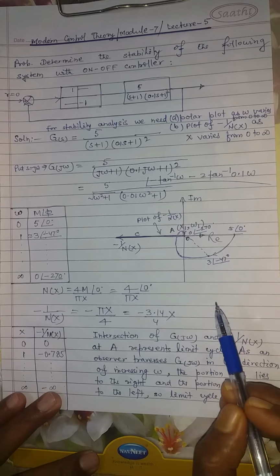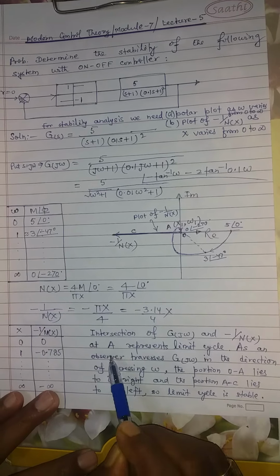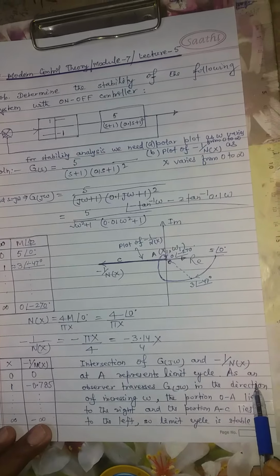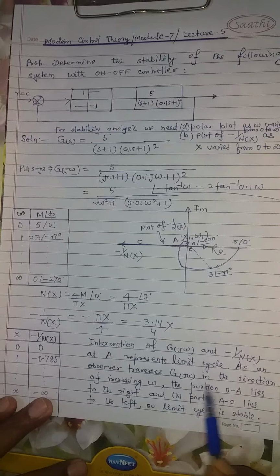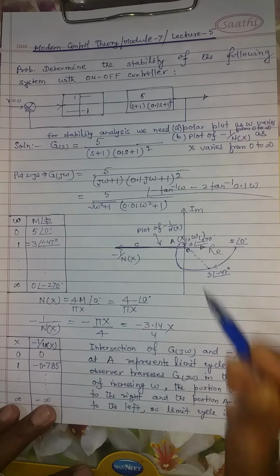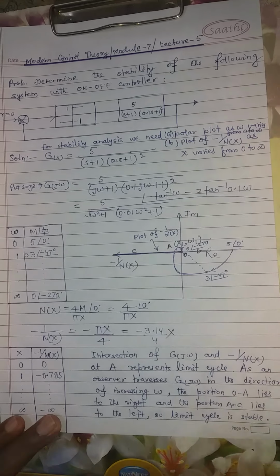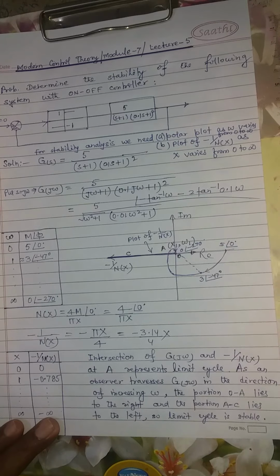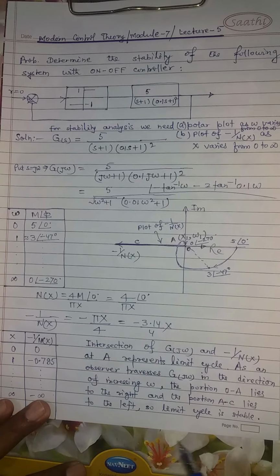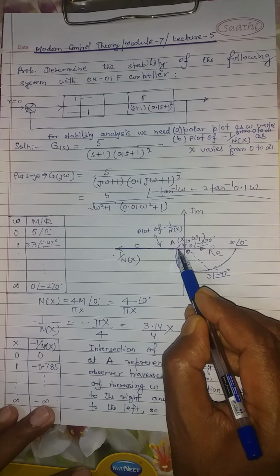Now it is very obvious that the intersection of G(j omega) and minus 1 by N(X) at A represents a limit cycle. As an observer traverses G(j omega) in the direction of increasing omega, the portion OA lies to the right of the G(j omega) curve, that is the polar plot, and the portion AC lies to the left of G(j omega).